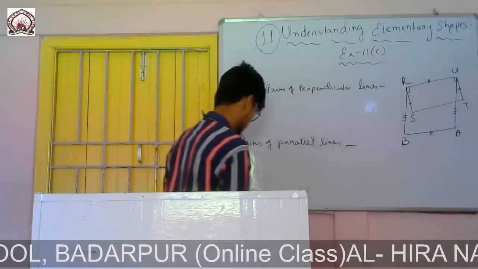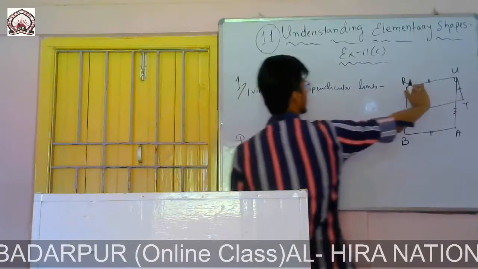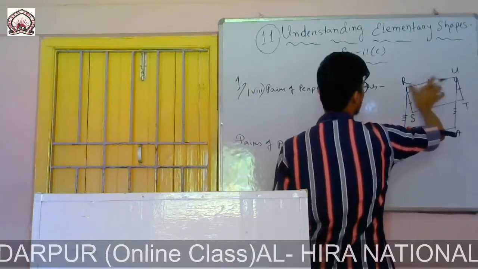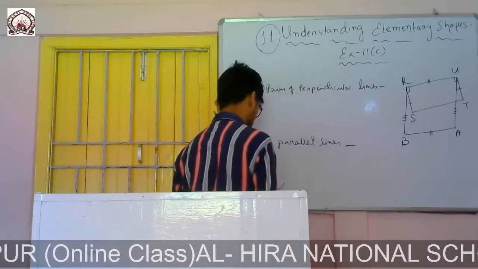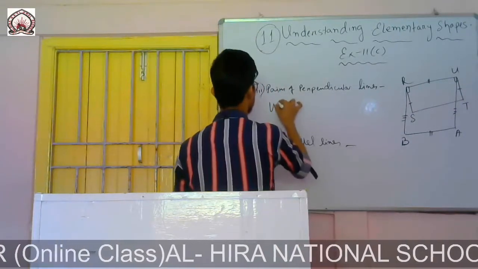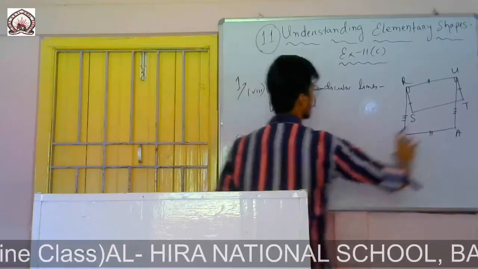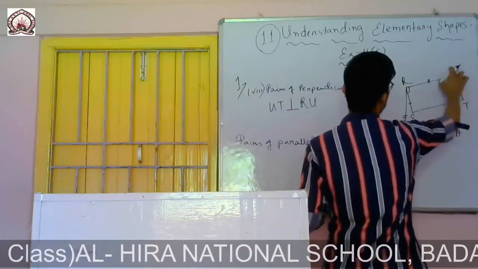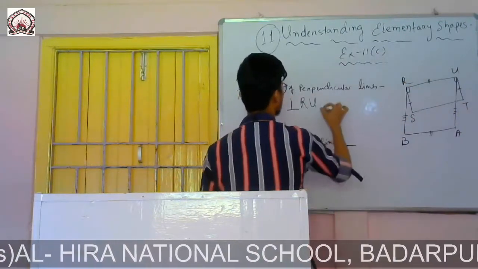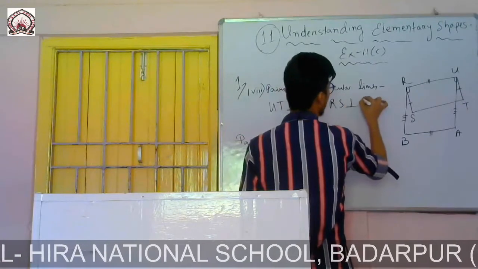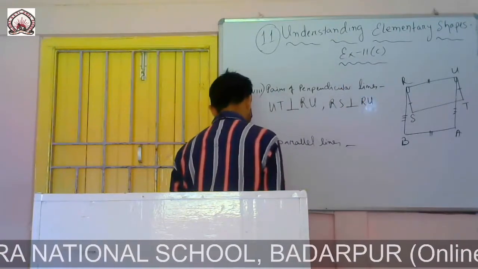So let me name them. First of all, we have to write the perpendicular lines. So you see, SR is perpendicular to this one. Then UT is given perpendicular to that one. So you write UT is perpendicular to RU. RS is perpendicular to RU.